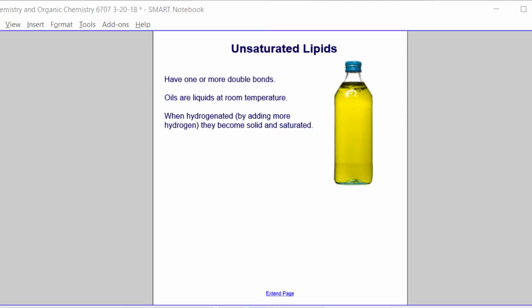Unsaturated lipids do not have the maximum amount of hydrogens in their carbon chain, which means that they have one or more double bonds. Oils are liquids at room temperature. When you hydrogenate those oils, by adding more hydrogen, they become solid and saturated.